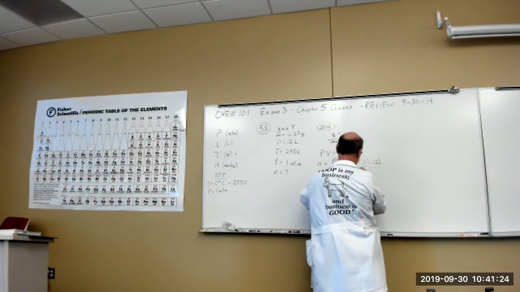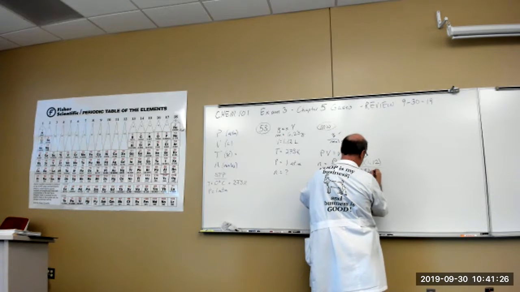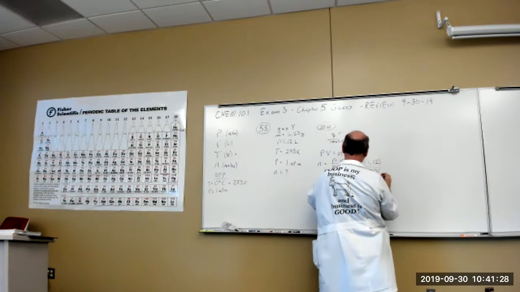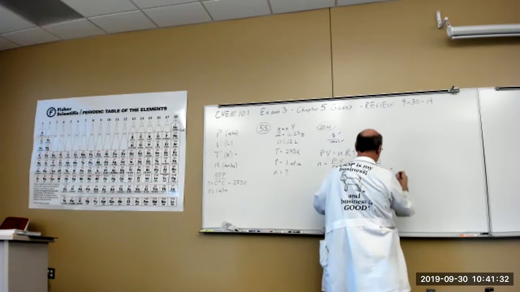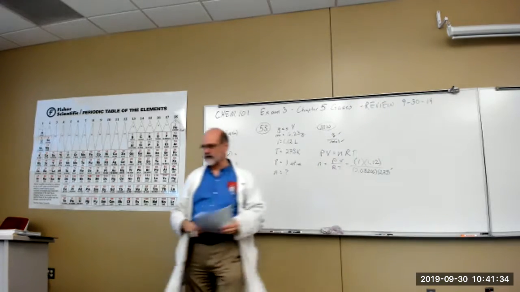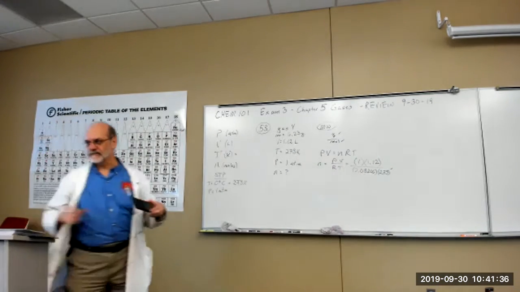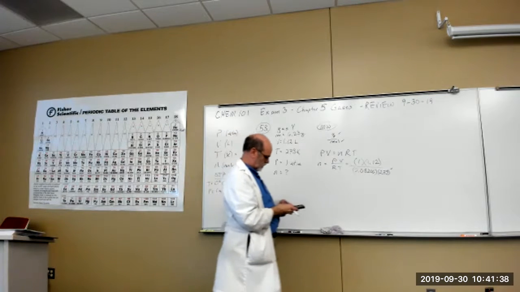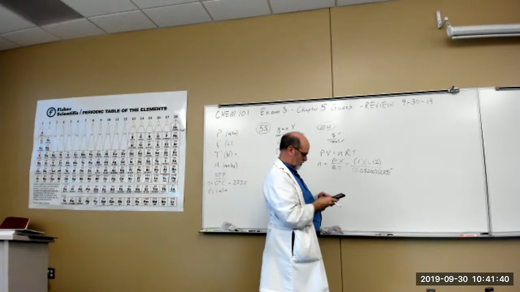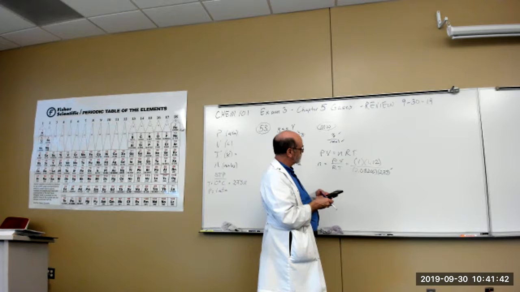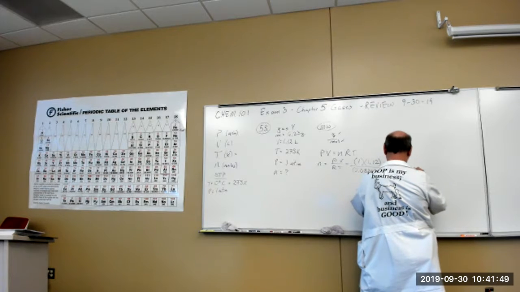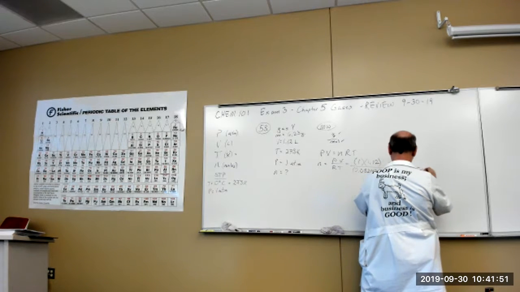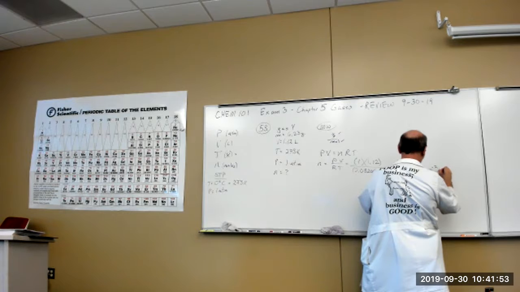R is 0.08206. And temperature is 273. So the number of moles is just the solution to that, which is 1.12 and 0.08206, 273. I get 4.9995 times 10 to the minus 2 moles.